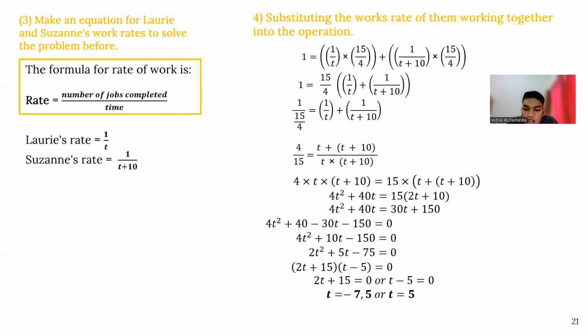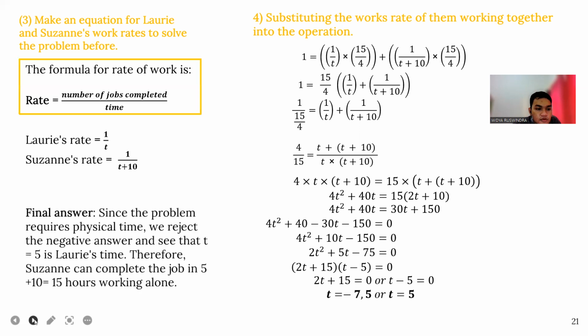We choose t equals 5 because time can never be negative. So the final answer: since the problem requires physical time, we reject the negative answer and see that t equals 5 is the real time. Therefore, Susan can complete the job in 5 plus 10 hours, equal to 15 hours, working alone.